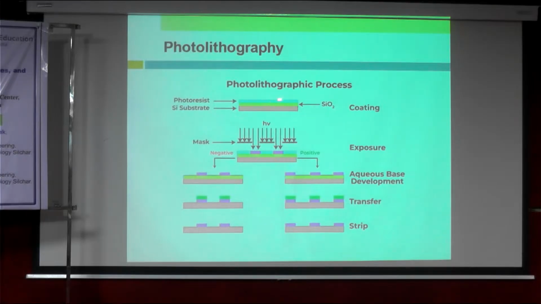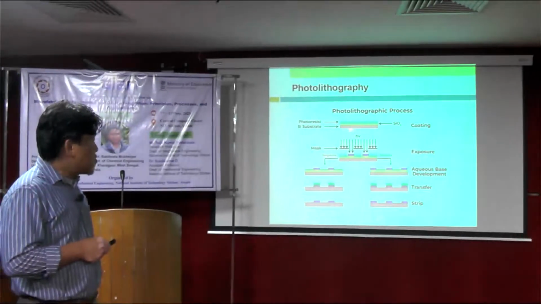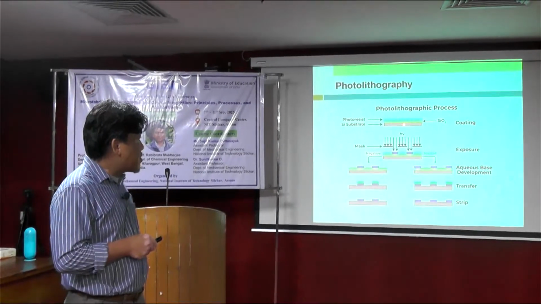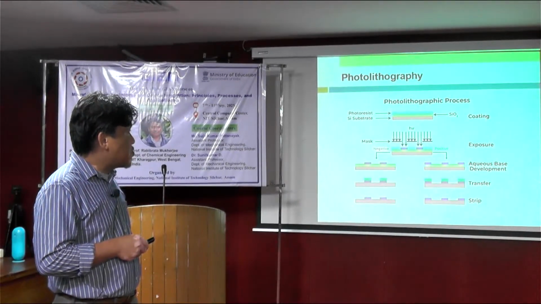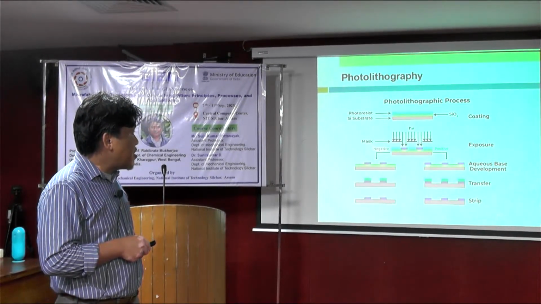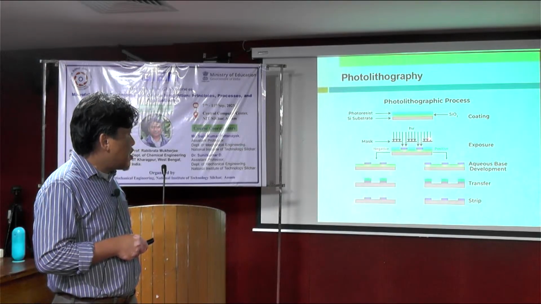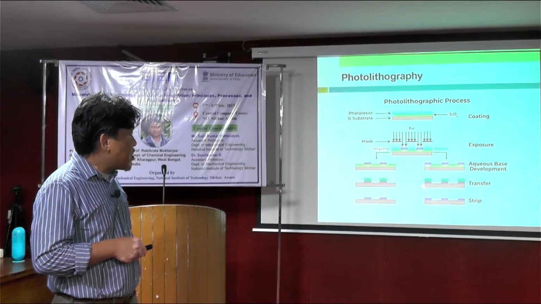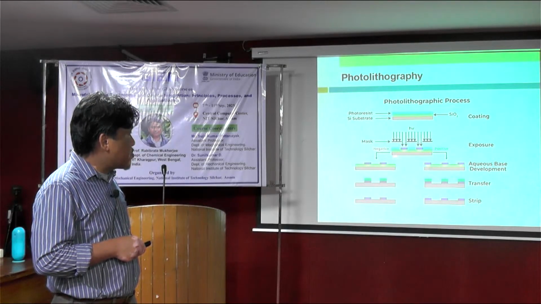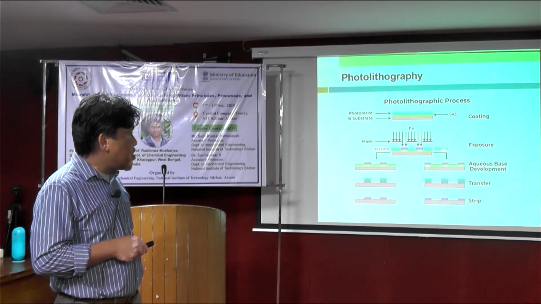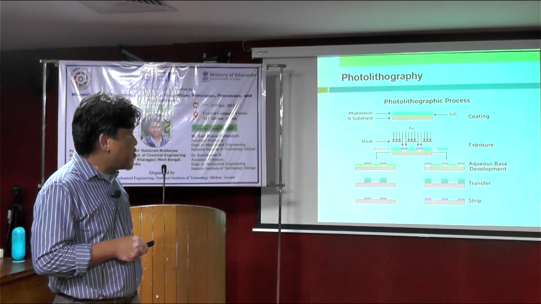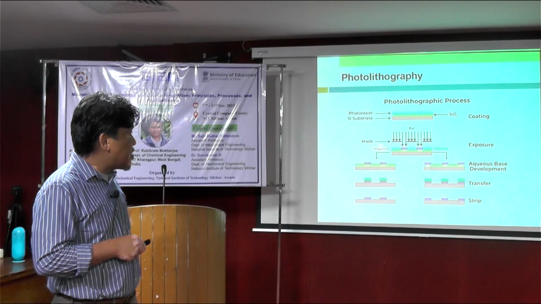Then we coat photoresist on top of this substrate. Once you have this substrate, normally we will go through curing or baking. Then it depends on the use of photoresist. I will introduce the types of photoresist. In general, we have two types: one is positive photoresist, one is negative.